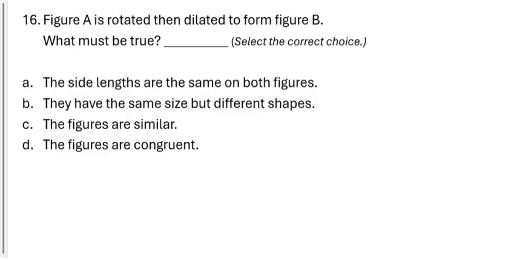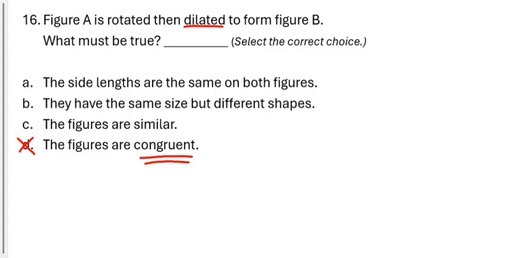So I'll start at the bottom here. D does not work because if I'm doing dilation especially, the shapes themselves will not be the same size generally. The key word here is dilate. So we're assuming the shapes are not the same size. The figures are similar to each other.